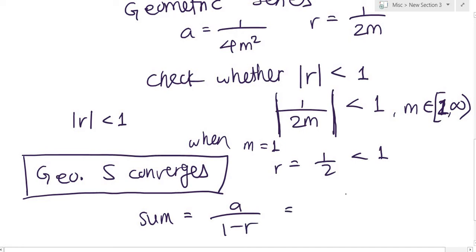So what's a? It's the first term, right? 1 over 4m squared divided by 1 minus 1 over 2m.